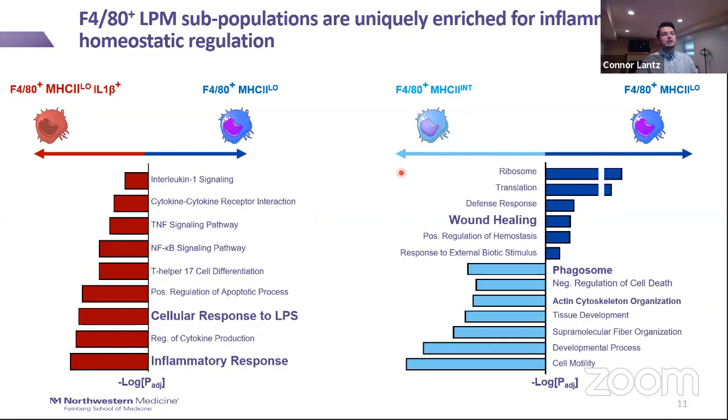What was more interesting is when I looked at this MHC2 intermediate population compared to my MHC2 low population, I see an enrichment of homeostatic pathways such as wound healing within this MHC2 low population, whereas I see an enrichment of pathways such as the phagosome and actin cytoskeleton organization, which I would assume is a more efferocytic transcriptional signature, in these intermediate macrophages, suggesting that these macrophages have already performed efferocytosis.